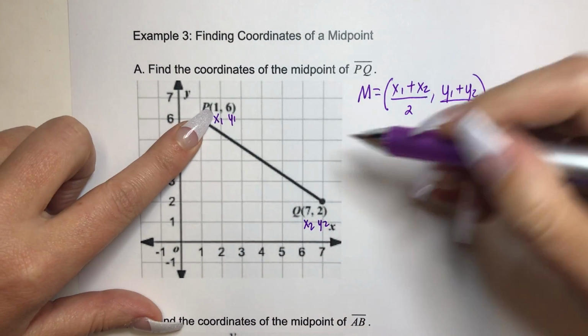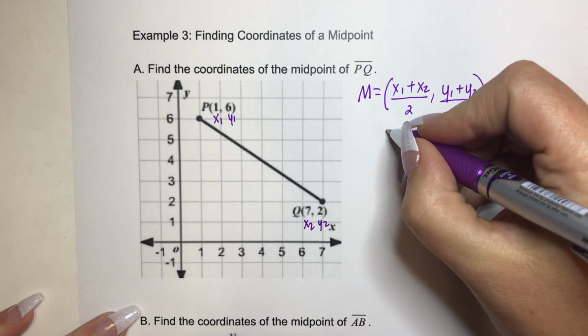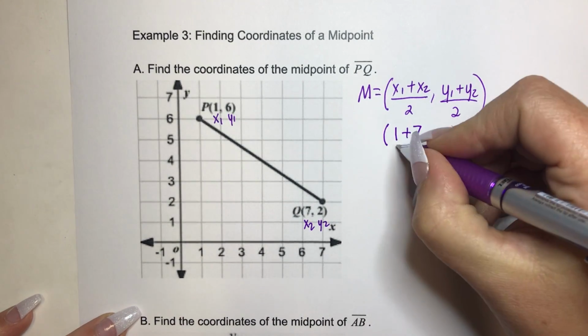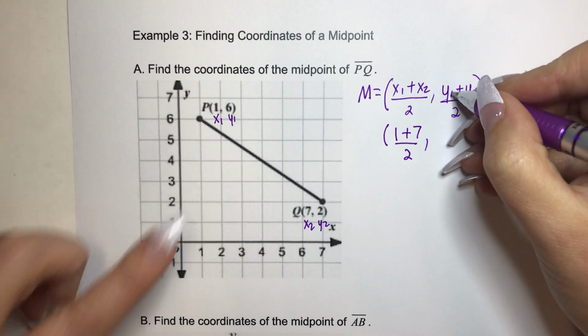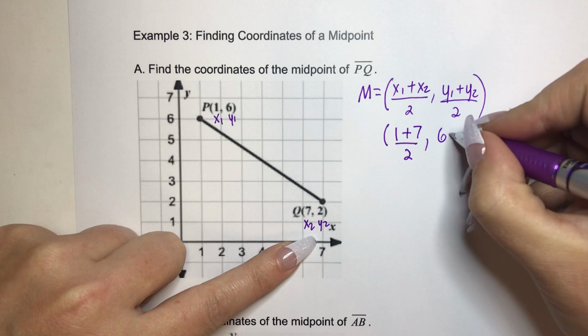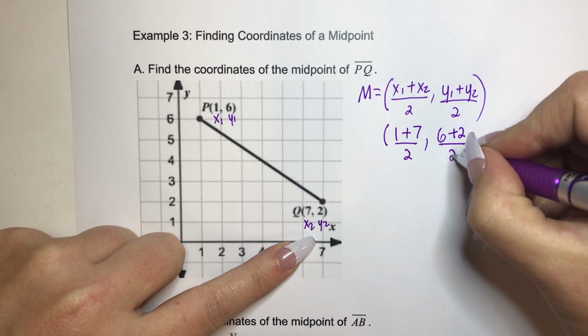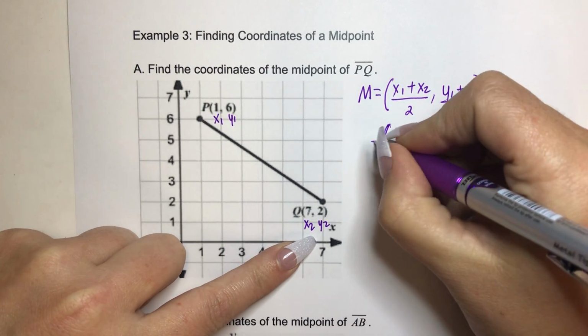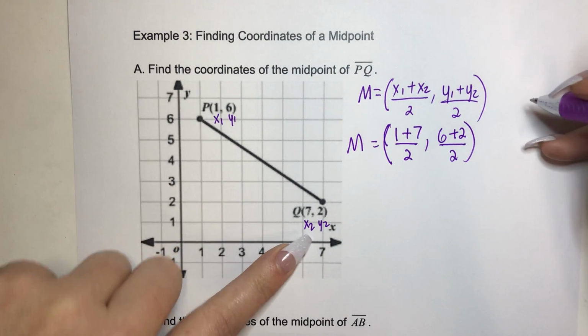So the average of the x values would be 1 and 7, right? And the average of the y values would be 6 and 2. That's my y1, that's my y2. And this is going to give us our midpoint.